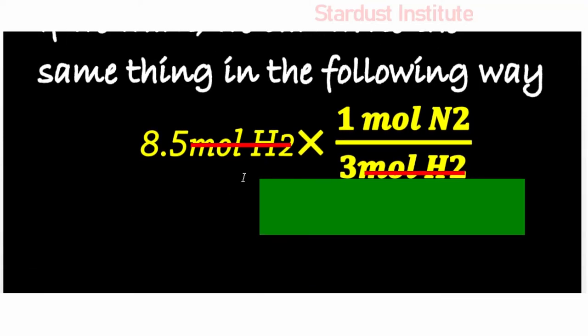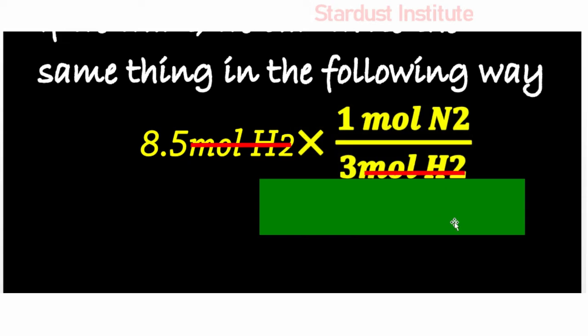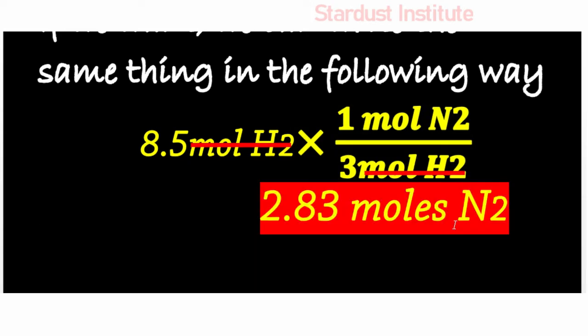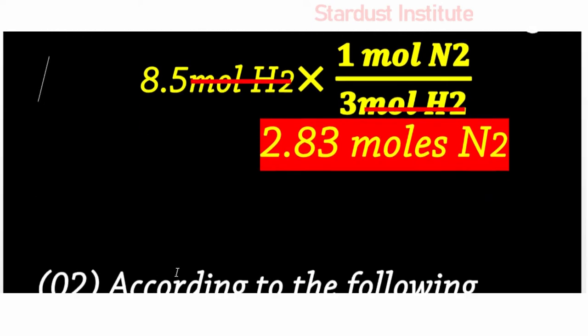Here I have written 8.5 moles of H2 on the left hand side times 1 mole N2 divided by 3 moles H2. We get the same answer, 2.83 moles N2. Now let's go to the next one.